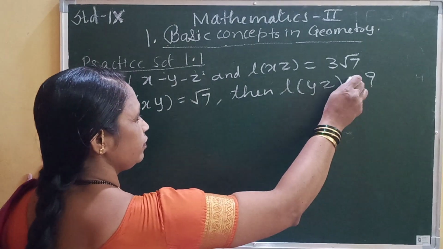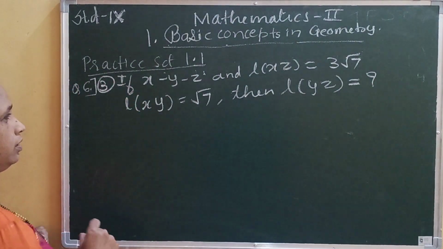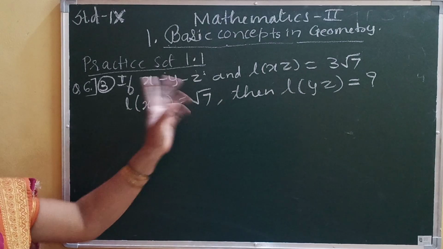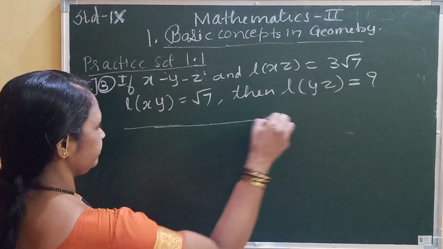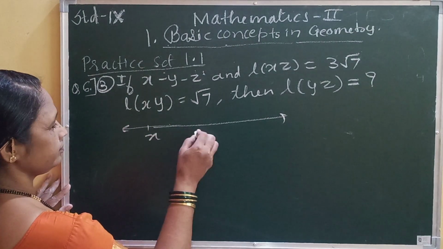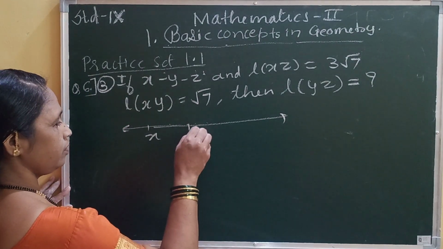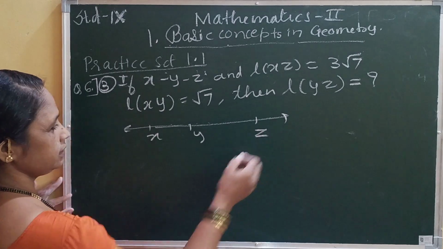So let's see how the figure will be. The figure is x, y, z, so you have to draw x, y, z. Here x, here y, here z.